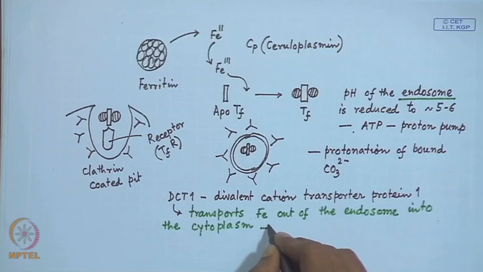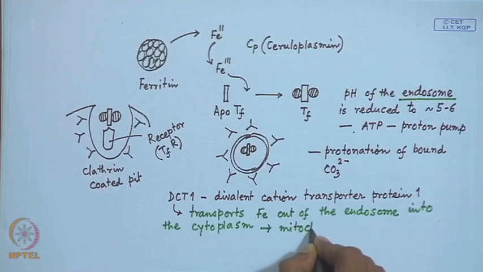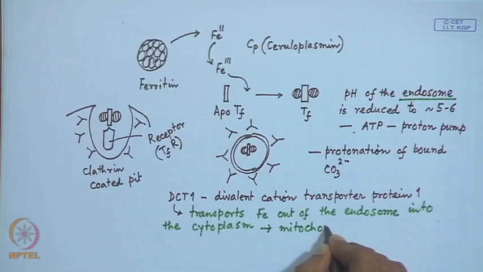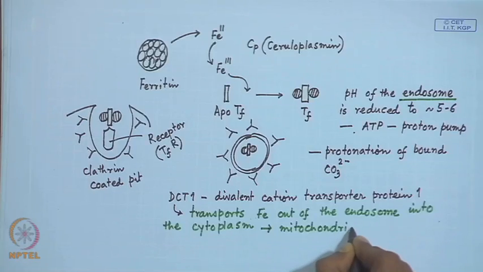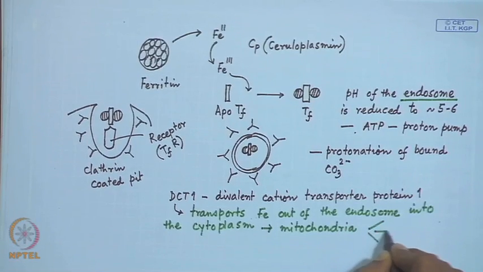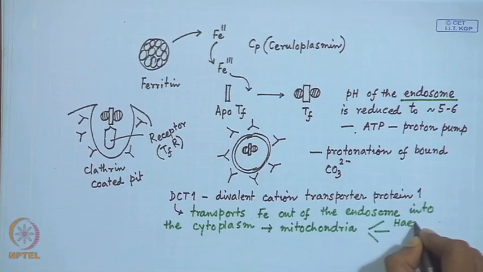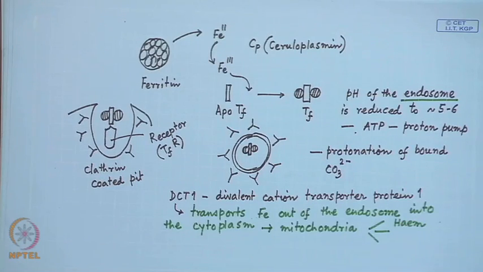Then it goes to mitochondria, and mitochondria transfer that iron back to the synthesis of heme type of molecules.